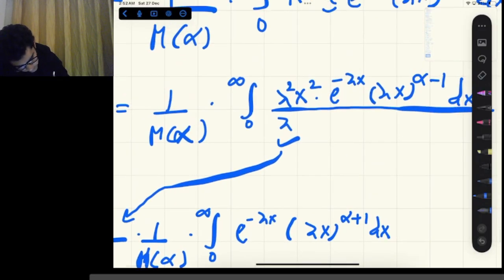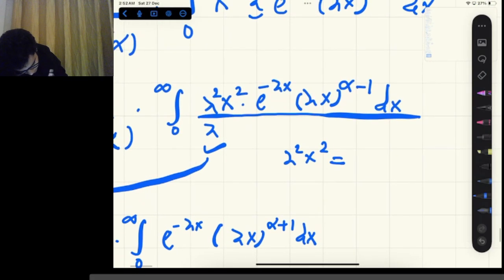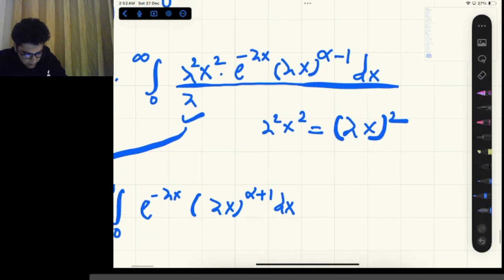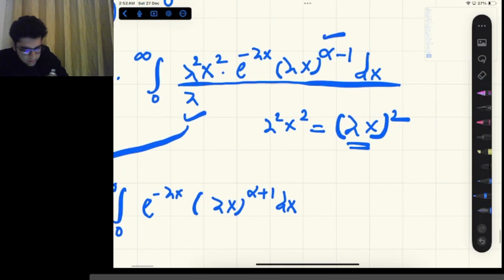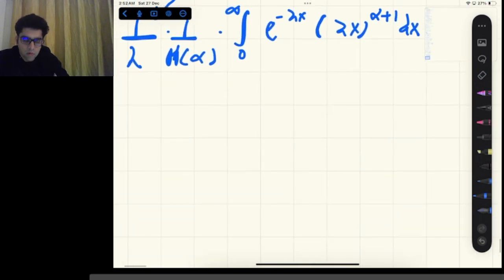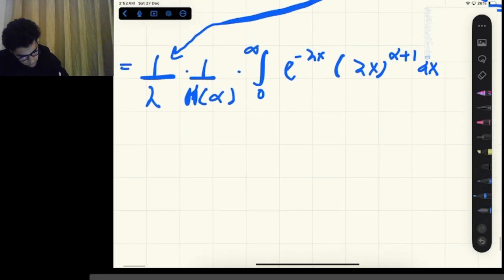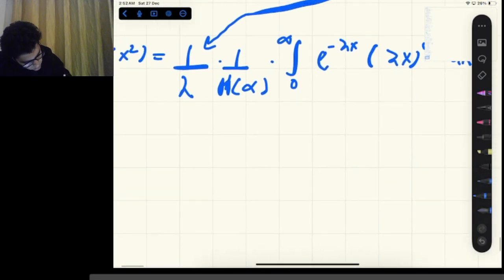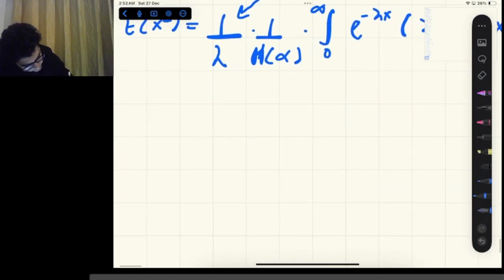So this lambda square x square is actually equal to lambda x whole square, right? And if I multiply this term with this alpha minus 1, I'll be getting alpha minus 1 plus 2, which is alpha plus 1. Now finally what I get is, I hope this is much better.